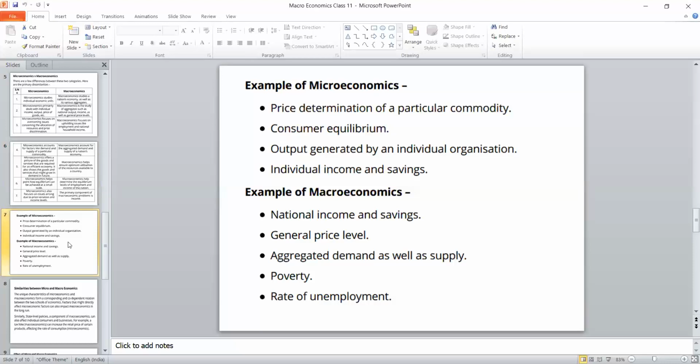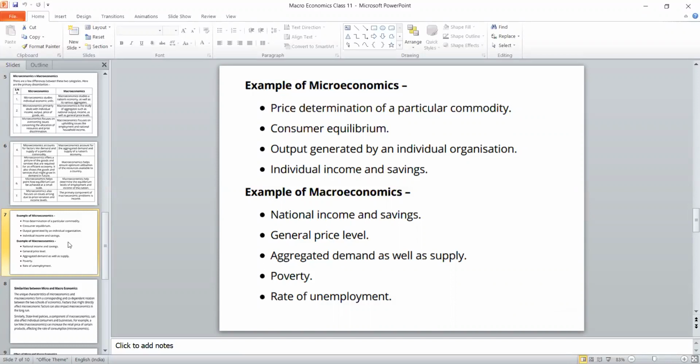Similarly, instead of individual income or individual demand or individual supply, whenever we talk about the aggregation of demand or supply, then it is not micro, it is macro. Similarly, any theory related to poverty or population, it is macro. Rate of unemployment, it is macro.